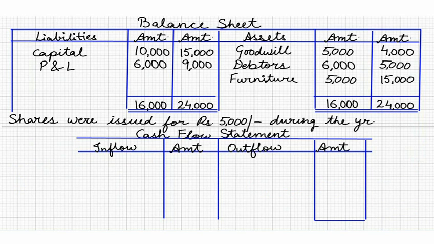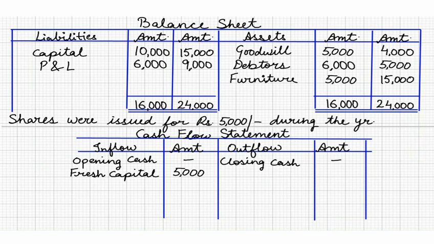Now let's prepare the cash flow statement, inflows and outflows. Opening cash on inflow side 0, closing cash on outflow side 0. Then on the inflow side, fresh capital, or you can say issue of shares rupees 5,000, because the company has received 5,000 from the public on account of capital.